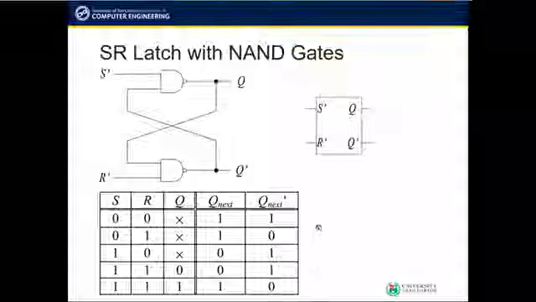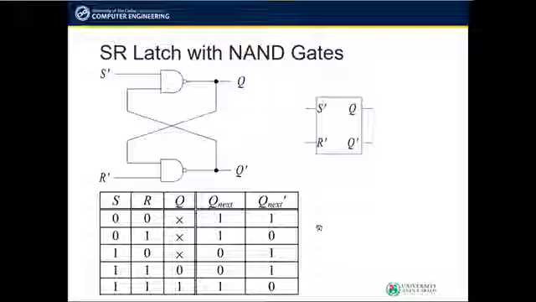For the first set of input combination, here we can see that when the present SR inputs are 0, 0, the next value of Q will always be 1, but so is Q next prime.